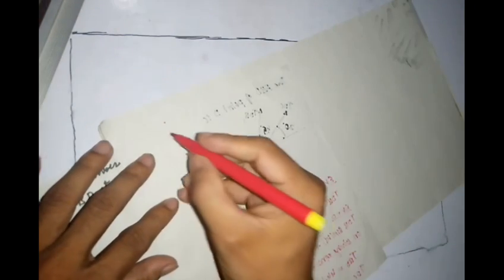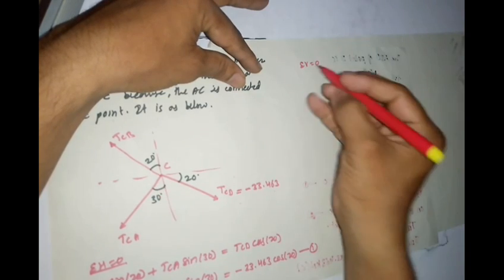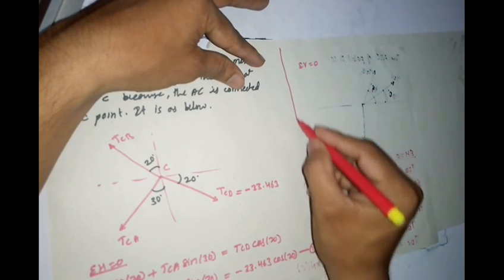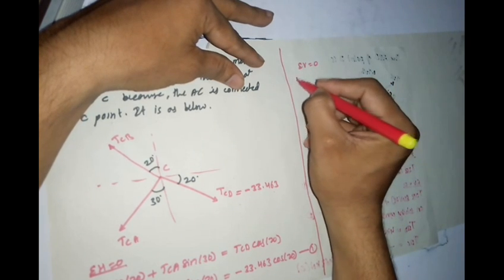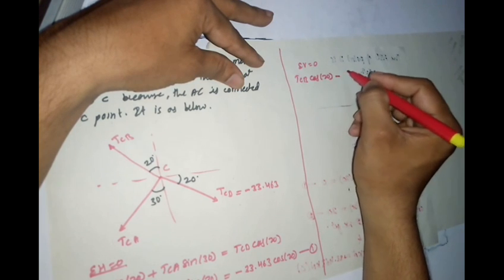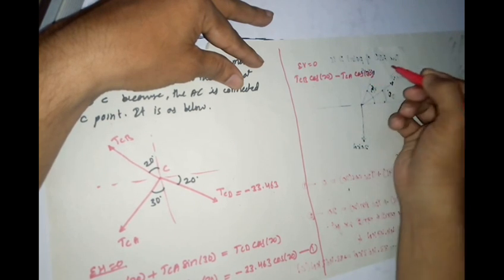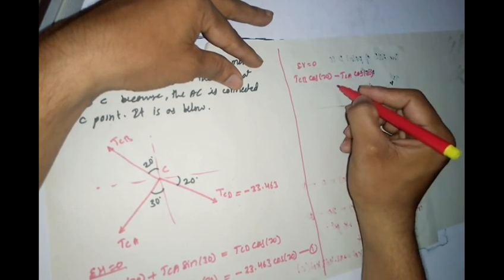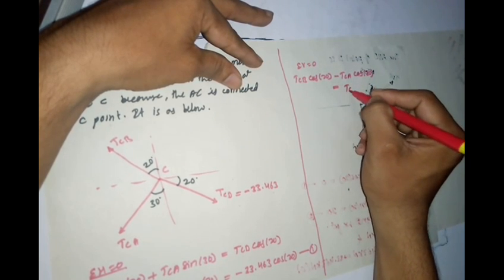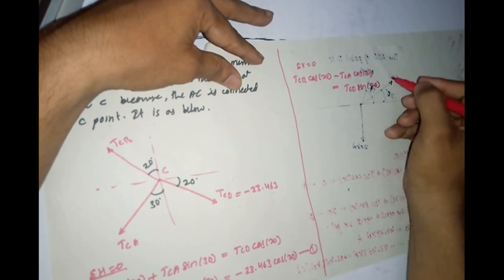Now let us resolve the forces along vertical direction. So summation of V equals 0. Here is our figure. So it is TCB cos 20 minus TCA cos 30 is equal to TCD sin 20.